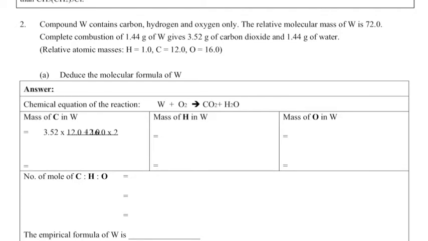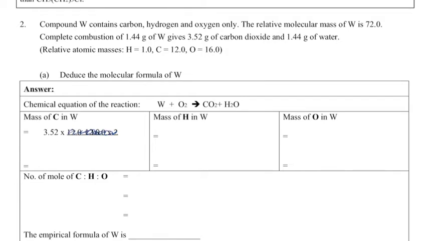So by using the percentage by mass, we can work out the mass of carbon and the mass of hydrogen involved in this reaction. I'm sorry that the format changed a little bit. Do you still remember how we calculate percentage by mass?